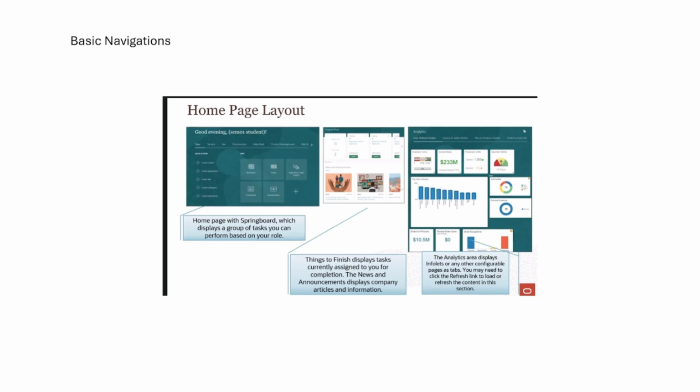Suppose you are using a cloud application and you want to perform anything, then for a specific task you should have that specific role, then you can do it. Similarly, we can see Infolets in the application also, but in this presentation we can see the Infolet.